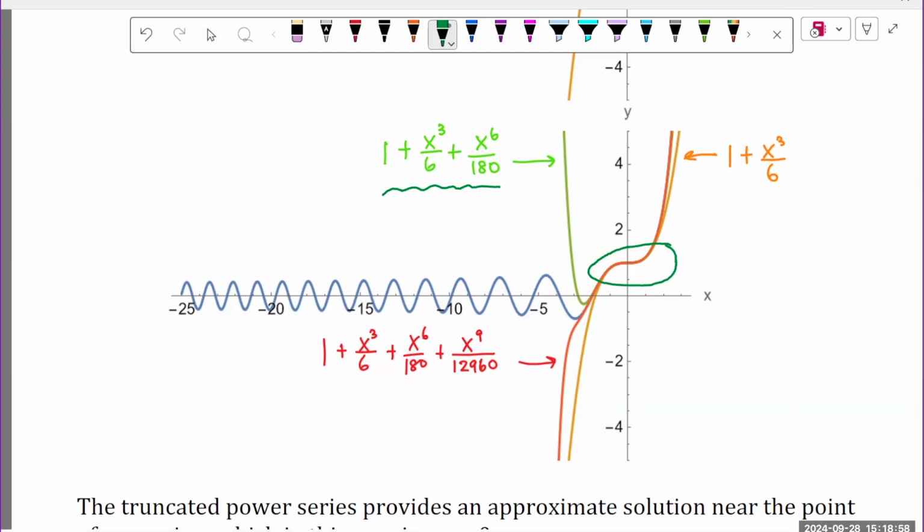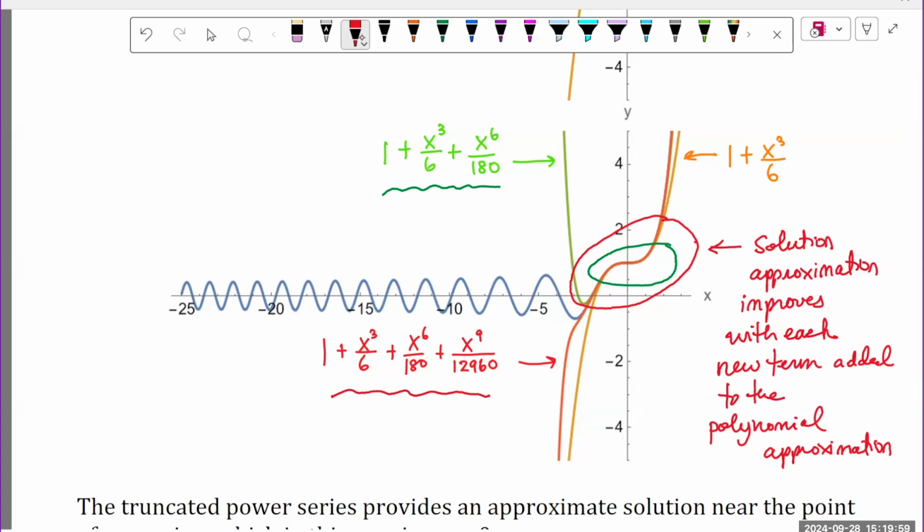And then we get yet one more term, this 9th-degree polynomial, where our match maybe extends even a little bit further, a few more values of x around x equals 0. So what we're seeing is that the solution improves with each additional term in the power series that we add.